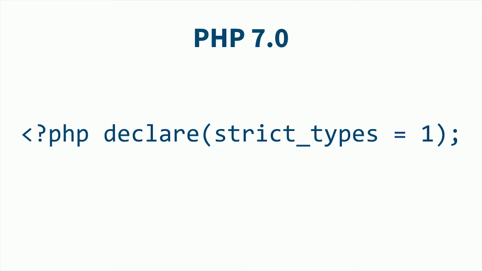So who uses strict type hints that were also introduced in PHP 7.0? Strict types make you aware what types are traveling throughout your application. With strict types, you can't pass a string somewhere where an integer is accepted and just hope it will work, because it probably won't.